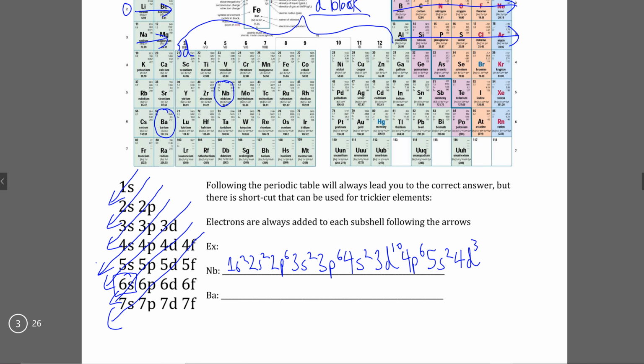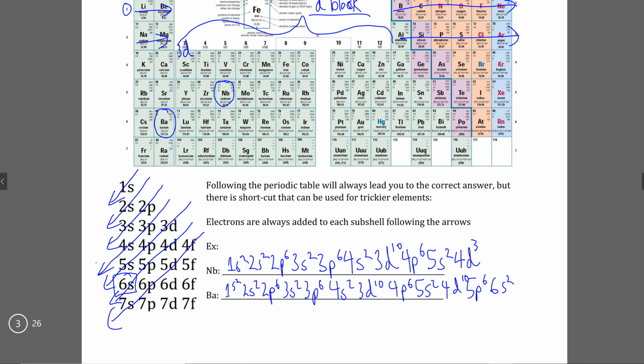So if we write out all of the subshells that are full with barium, we start at the top: 1s2, 2s2, 2p6, 3s2, 3p6, 4s2, 3d10, 4p6, 5s2, 4d10, 5p6, and finally we get to where barium is, energy level 6, and barium has both electrons in its 6s subshell, so we would write 6s2.